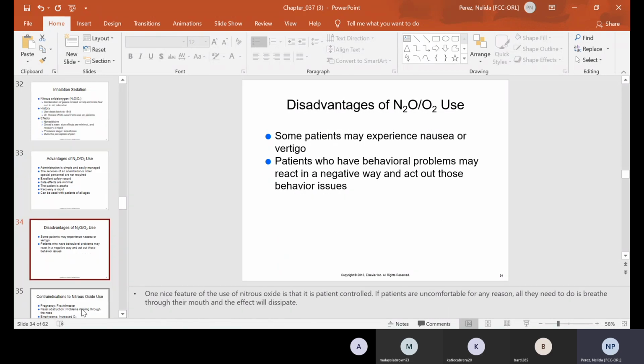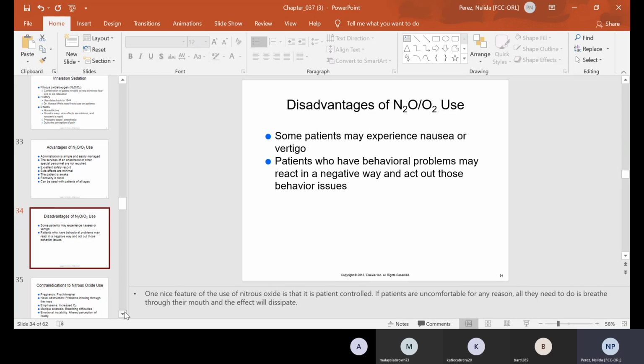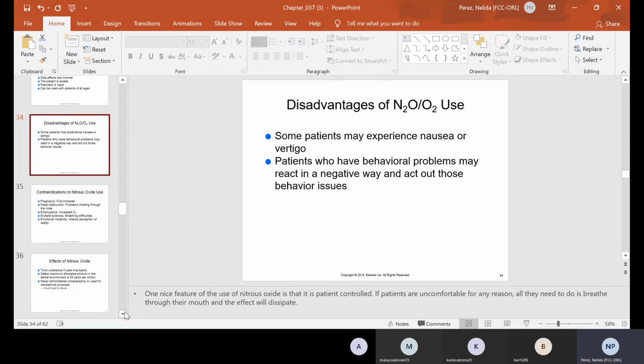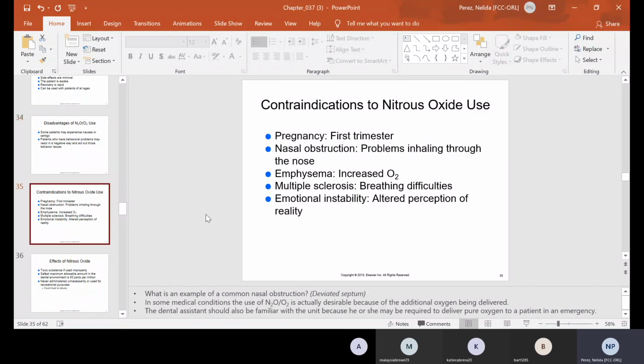But the disadvantages: some patients may experience nausea or vertigo, and patients who have behavioral problems may react in a negative way and act out those behavioral issues. Some people don't remember and they act funny. That's why you see all these videos posted on YouTube or wherever of funny things that people do after they've been on nitrous.